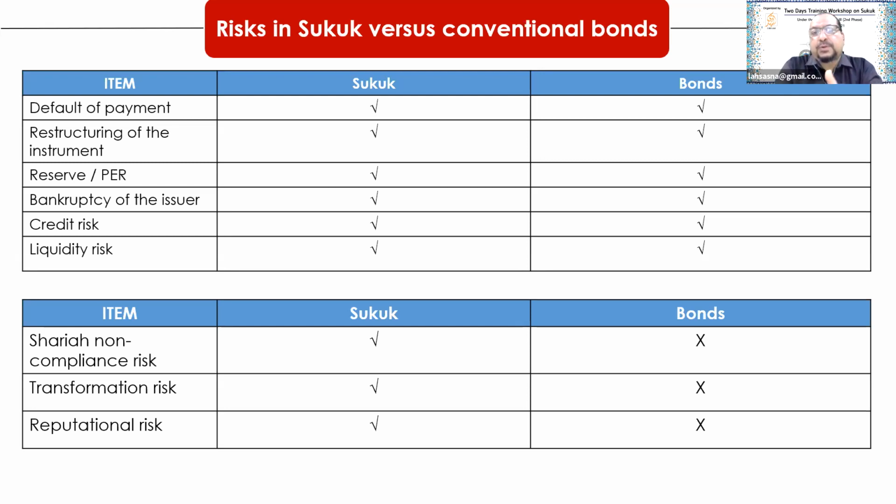Maybe it is very narrow, related to corruption and some other problems and some manipulations of the rate, of course, that could be there. But in Islamic, it extends to Sharia non-compliance reputational risk because it is an Islamic financial institution.